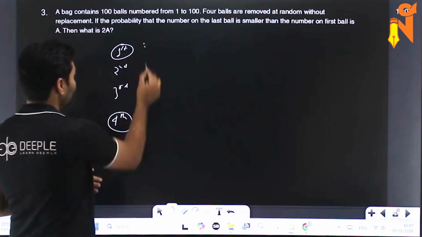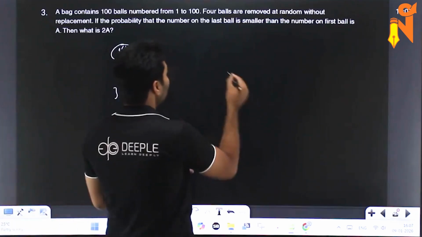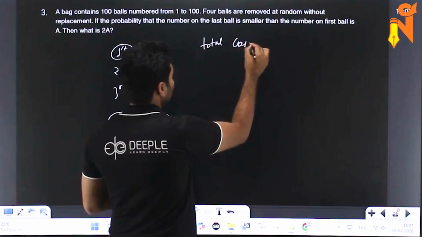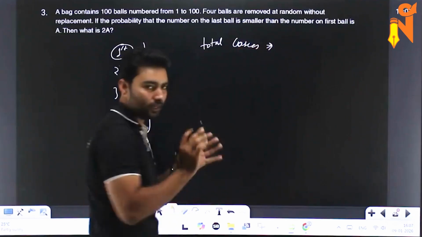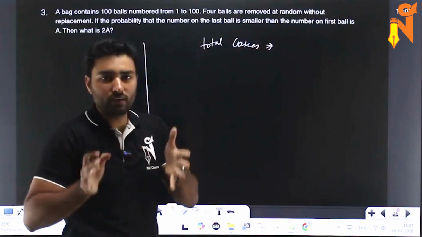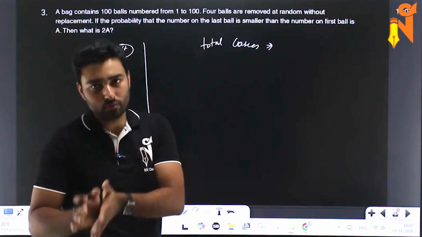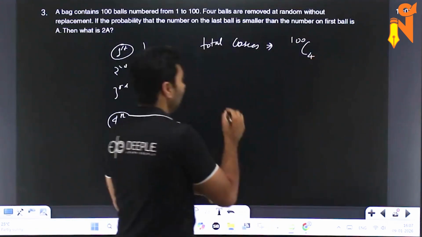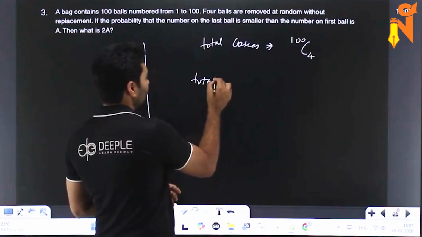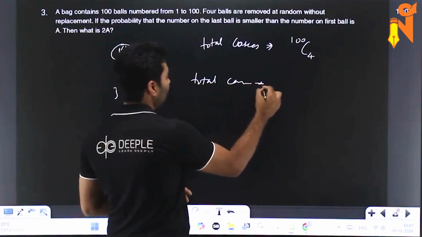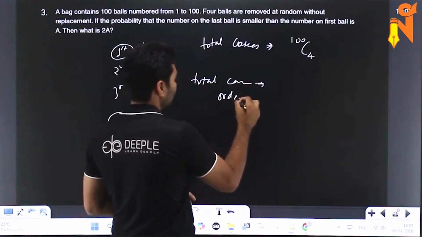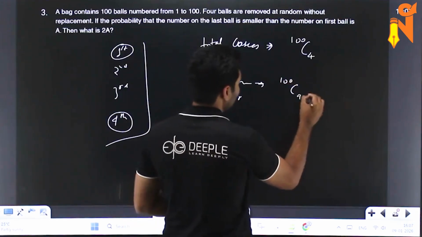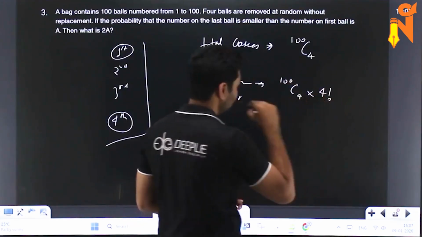First of all, total number of cases, picking 4 balls out of 100, 100 C4 total cases. If you take it in order, then obviously 100 C4 into 4 factorial.